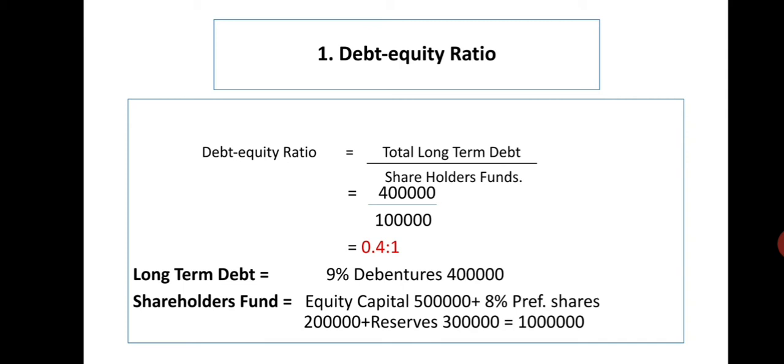Equity capital of 5 lakh plus 8% preference shares of 2 lakh plus reserves of 3 lakh. And preliminary expenses are not given, so we have not deducted it from here. Okay, so shareholders fund is 10 lakh. So 4 lakh divided by 10 lakh. So it is 0.4:1.